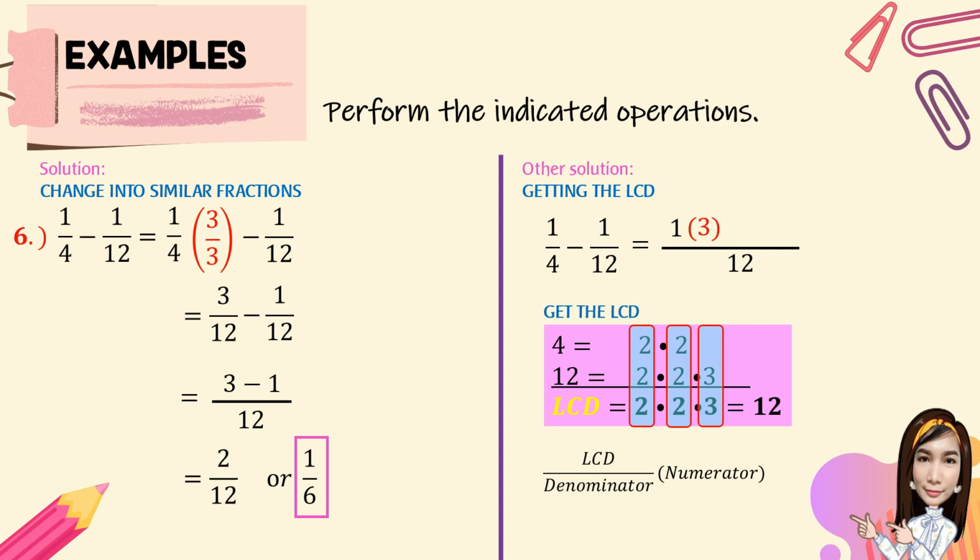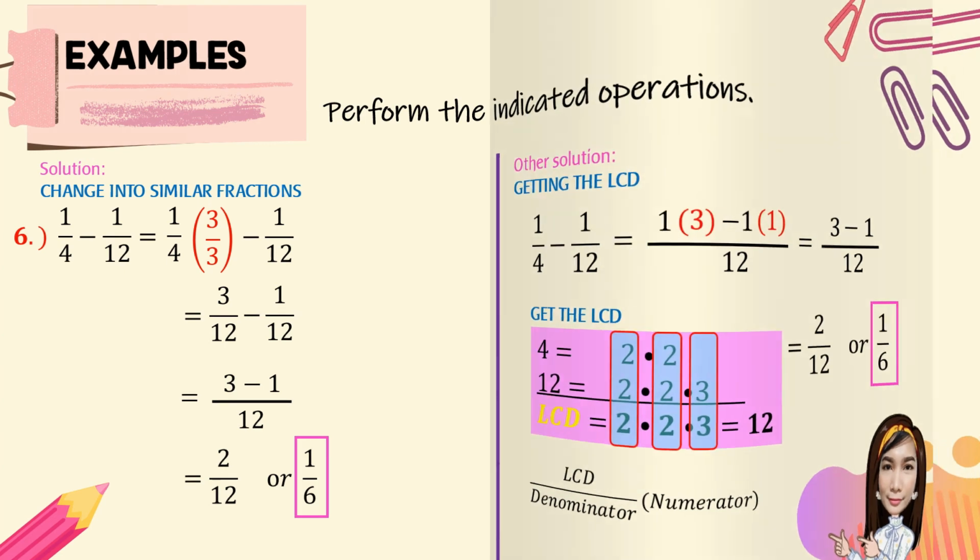Then LCD 12 divided by the denominator 12, that is equal to 1, times the numerator negative 1. So 1 times 3 is equal to 3. Negative 1 times 1 is equal to negative 1. All over 12. So 3 minus 1 is equal to 2 over 12 or 1 over 6.